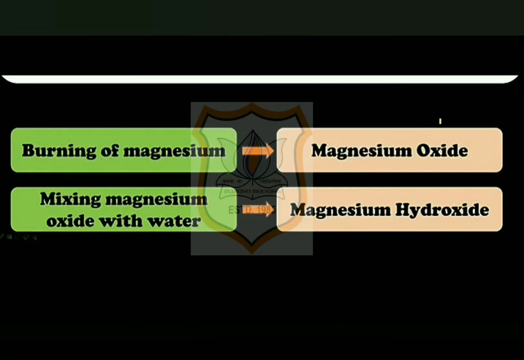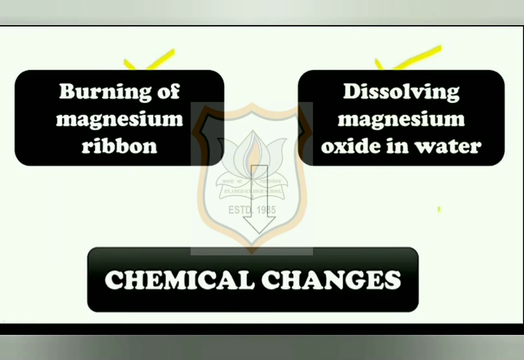Magnesium oxide is a new substance formed on burning of magnesium, and magnesium hydroxide is another new substance formed by mixing magnesium oxide with water. So we can say that burning of magnesium ribbon is a chemical change and dissolving magnesium oxide in water is also a chemical change. Both are chemical changes.